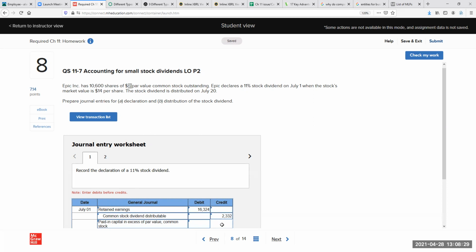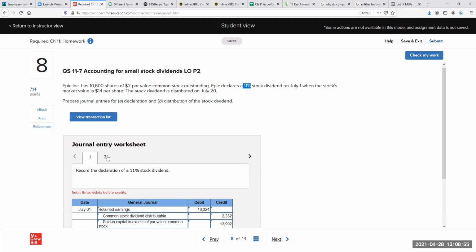So 16,324 minus 2,332 is 13,992. Now, look at what's hard about this. You're not giving cash, you're giving more shares of stock. If you have 100 shares and you get 11% more, how many more are you going to get? 11. So you're going to have 111.